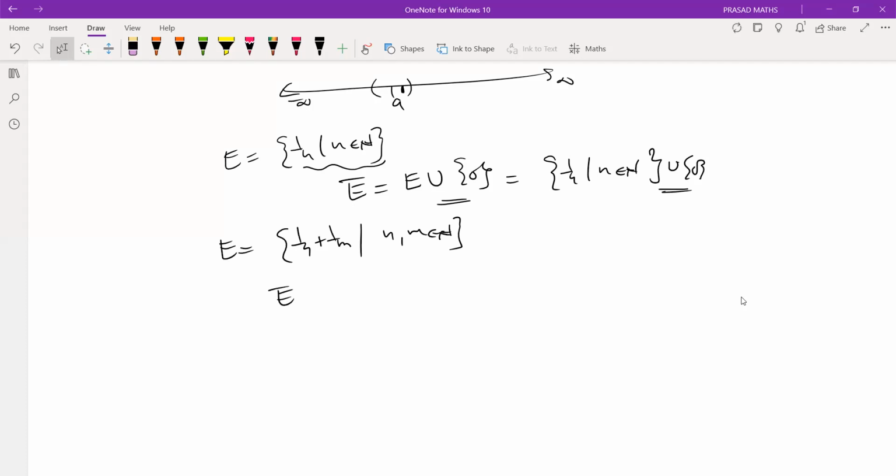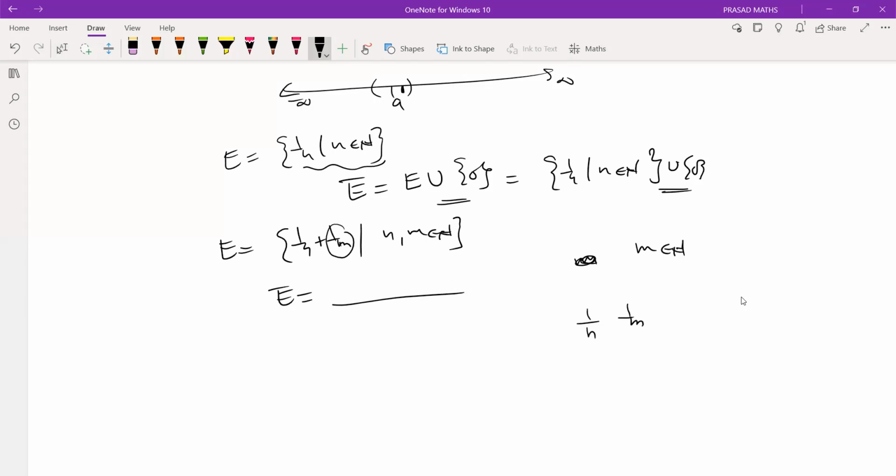Suppose you take 1/n + 1/m such that n, m belong to N. What is the closure of the set? Anybody? This is a very standard one. Fix m first, so 1/m is fixed.